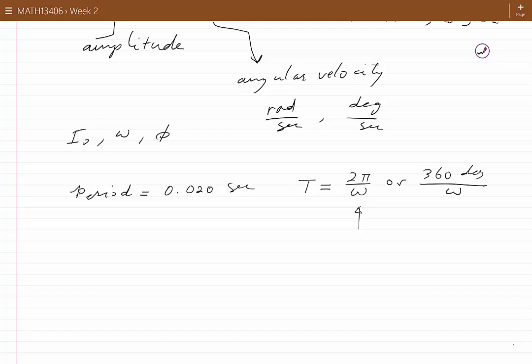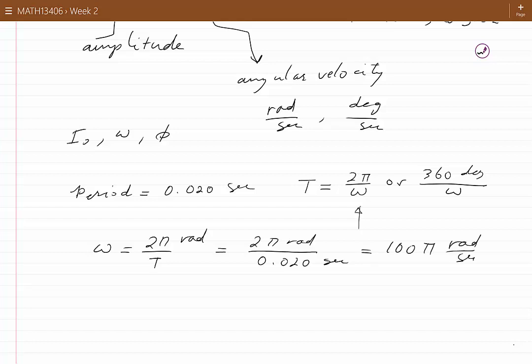From this equation, we can see that omega is 2 pi divided by T, 2 pi radian divided by 0.020 seconds, and that will give me 100 pi radian per second.